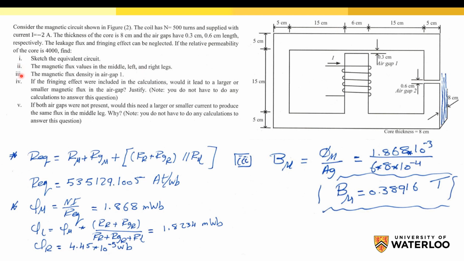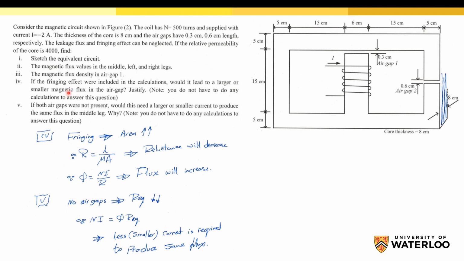For part III, the magnetic flux density in air gap 1, which is this air gap, is equal to the flux passing this air gap over the area of this air gap, the area perpendicular to the flux. Okay, it's very important. Now to the next part.